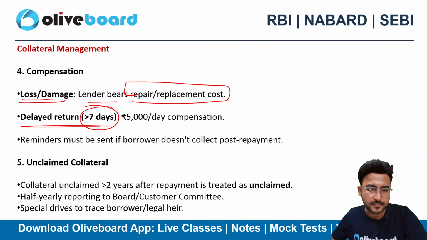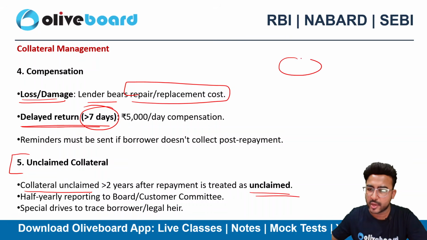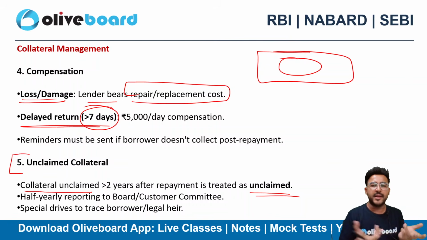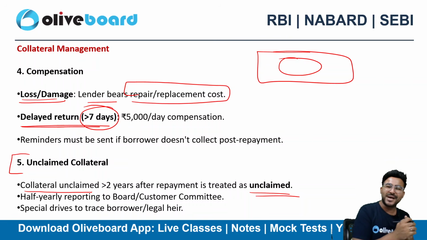That's a compensation. If there is any unclaimed collateral, then collateral unclaimed for more than 2 years after the repayment will be treated as unclaimed. Let's suppose I'm having a security, a collateral. The loan is already repaid by the borrower. However, nobody is coming to claim this particular gold. This happens too.